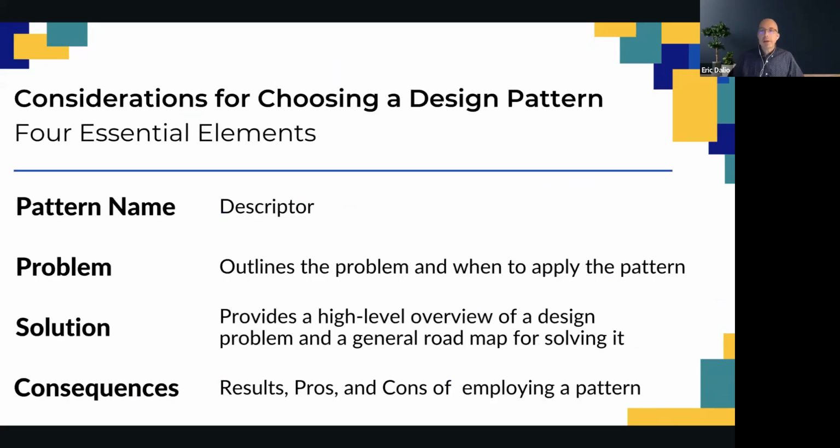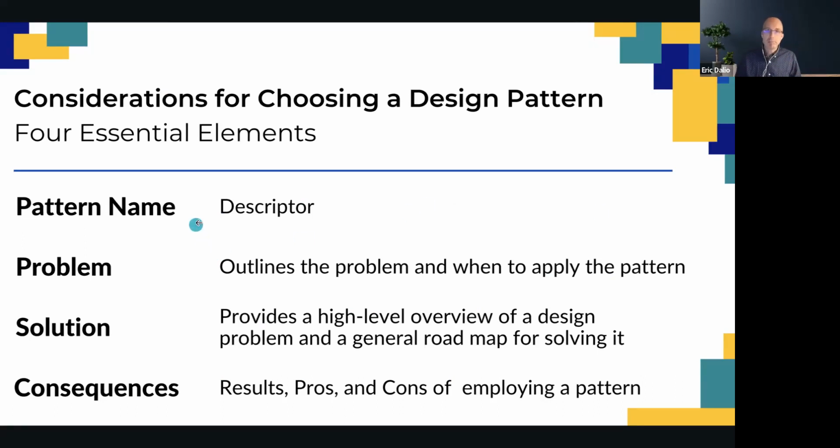So when we think about choosing design patterns, it can be quite overwhelming when we first dig in and start digging through that information. So it's important to focus in on 4 essential elements. Now, depending on the resource, they might have different wording, but the concept remains the same.